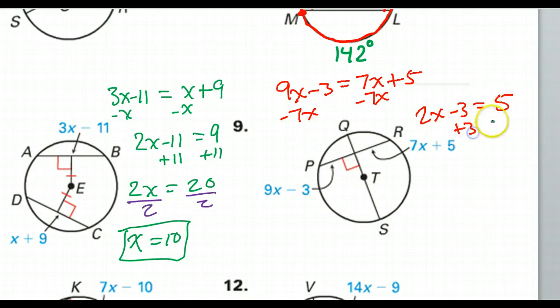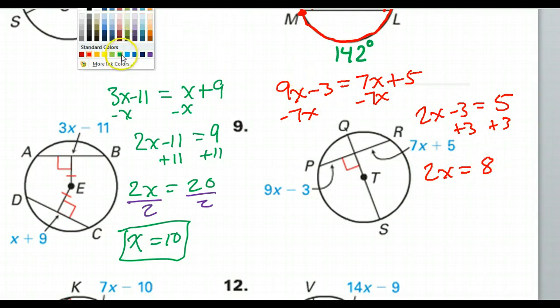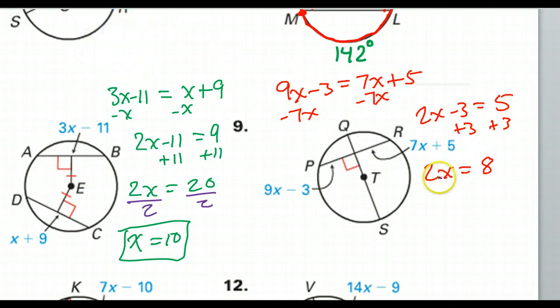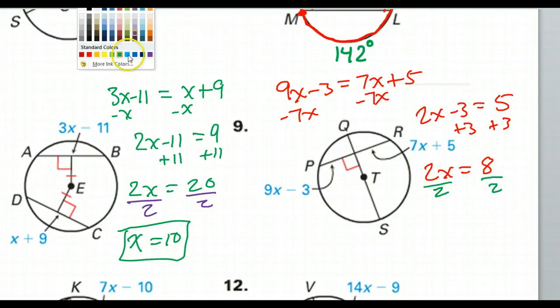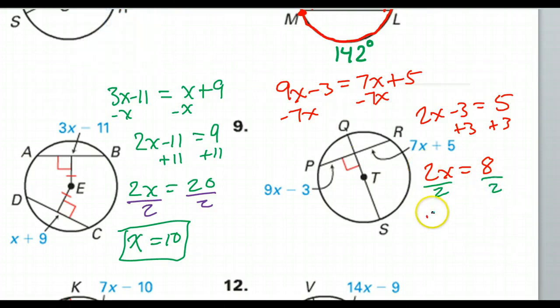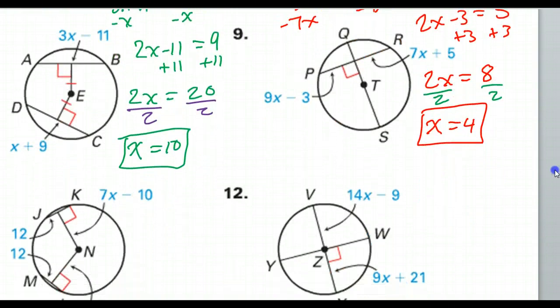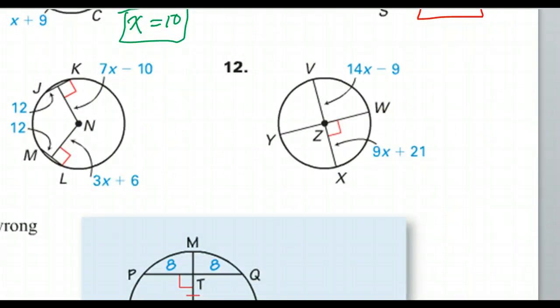If I add 3 to both sides, that gives me 2x is equal to 8. If I divide by 2 on both sides, x is 4. That's number 9.